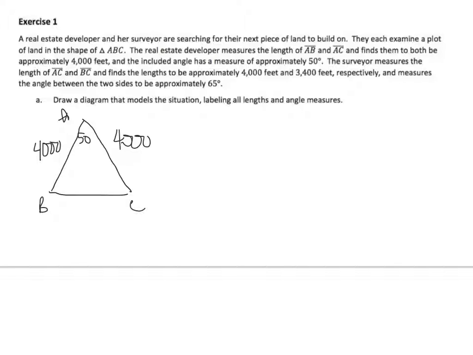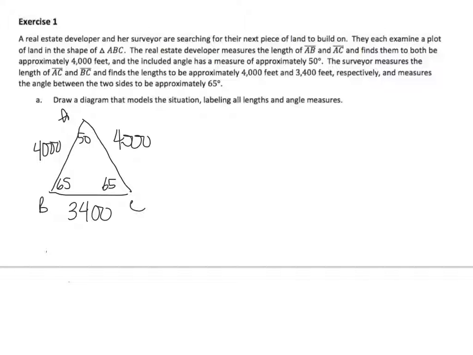So let's draw that picture. So I have A, B, and BC 3,400 with approximately 65 degrees. Let's see, 65 plus 65 is 130, plus 50 is 180. We got it. Just making sure. So there's my funky picture.